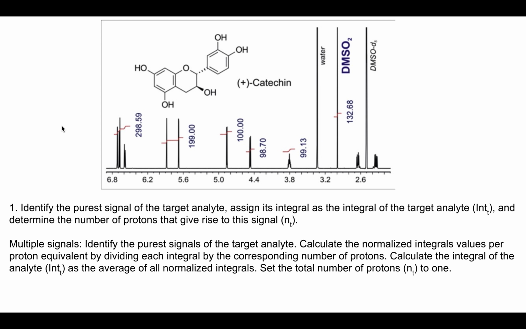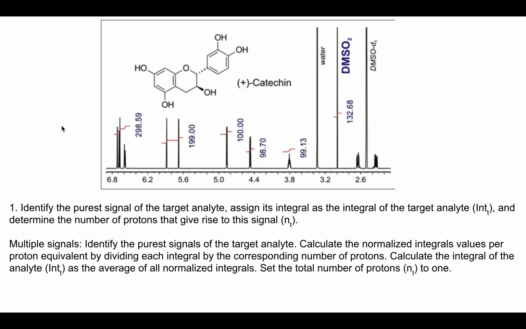Step 1 is to identify the purest signal of the target analyte and assign its integral as the integral of the target analyte, int sub T, and determine the number of protons that give rise to this signal, N sub T. Now, I want to also make note that if there are multiple signals, you need to identify the purest signal of the target analyte.